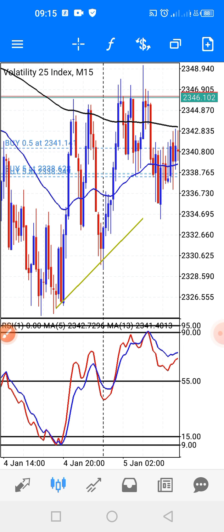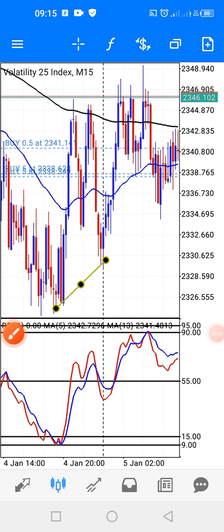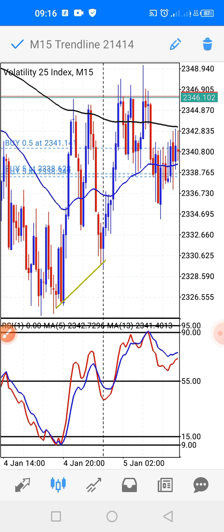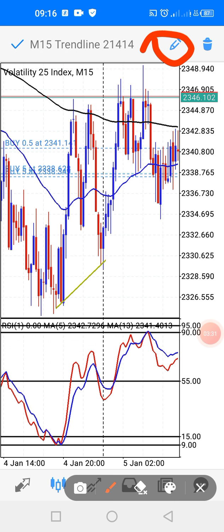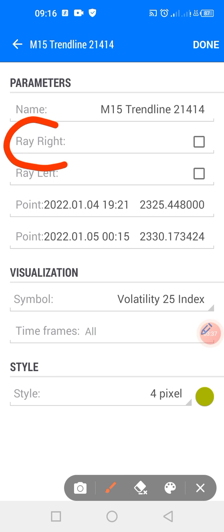Let me show you how you can do this without stressing yourself. Once you pull out this trend line, connect the first one, connect the second one. For you not to guess if the market will touch or not, just highlight and click the pen arrow here, then go to your ray lines.